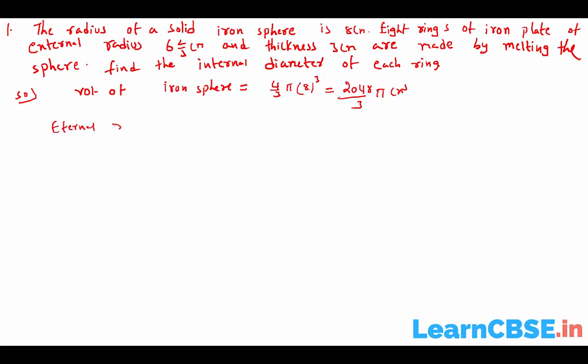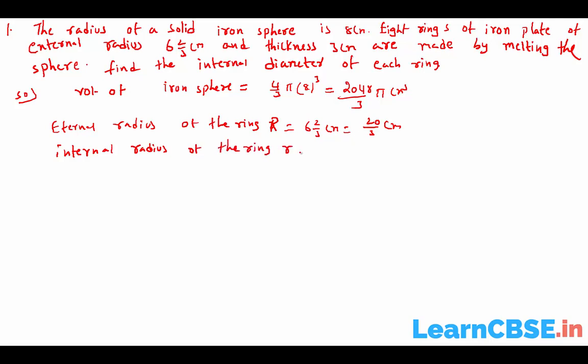External radius of the ring, capital R, equals 62 by 3 centimeters, that equals 20 by 3 centimeters. Internal radius of the ring, small r, let it be r.